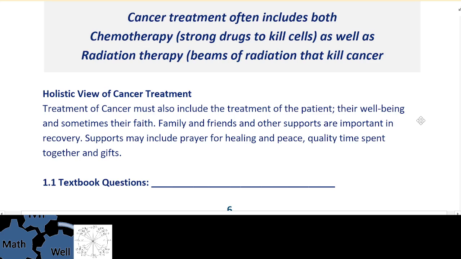All right, holistic view of cancer treatment. It is important to note that not only are we trying to kill cancer cells, but we're also treating the patient, their well-being, and sometimes their faith. Family and friends and other supports are important in recovery. Supports may include prayer for healing and peace, quality time spent together, gifts, and things like that.